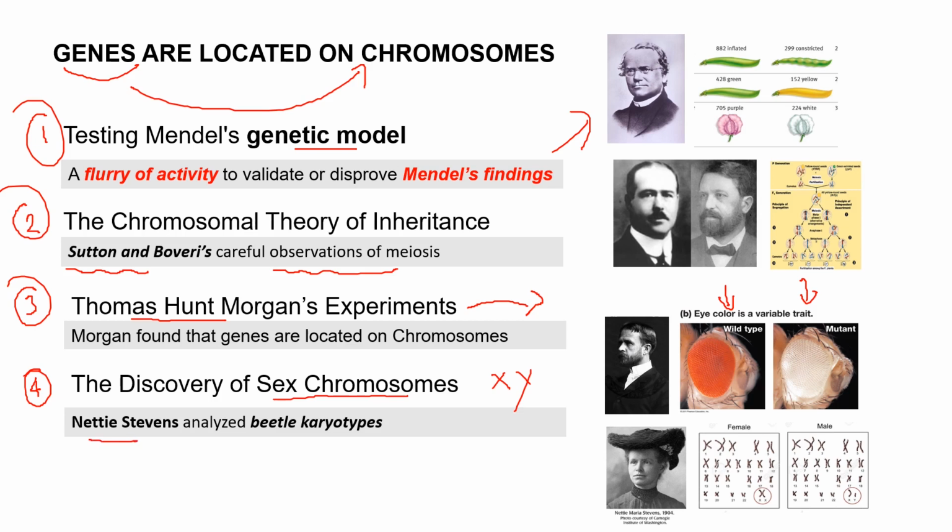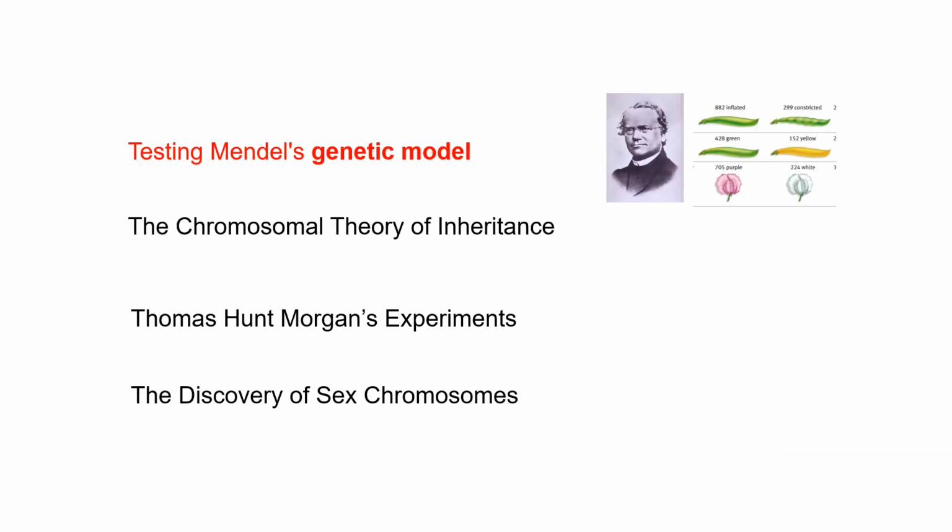Using the karyotypes that you see here, this scientist found that the chromosomes of males and females, the X and Y as you can see here, are different. And that was a key piece of information for Morgan to find that genes were located on chromosomes. So now let's start talking about this first point.